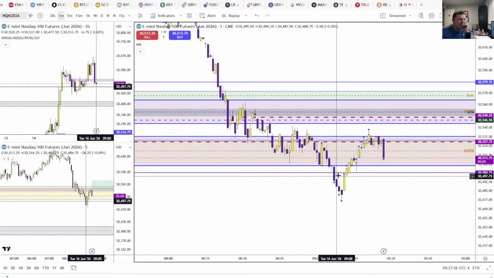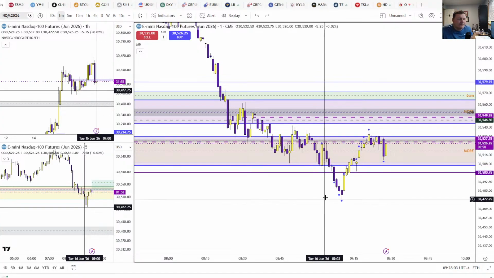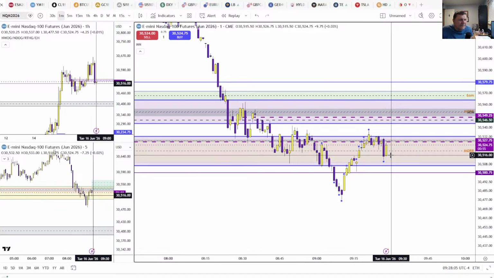Go through that. Look for a retest down here. Body's respecting it.